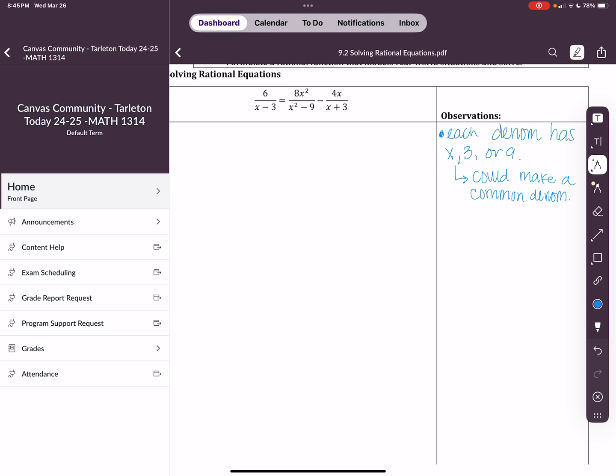Okay. So remember, it's because of that minus right there, and the fact that we're solving equations, that we have to have a common denominator. One other thing that I notice is we have two denominators that are in simplest form, which means we will factor the other.